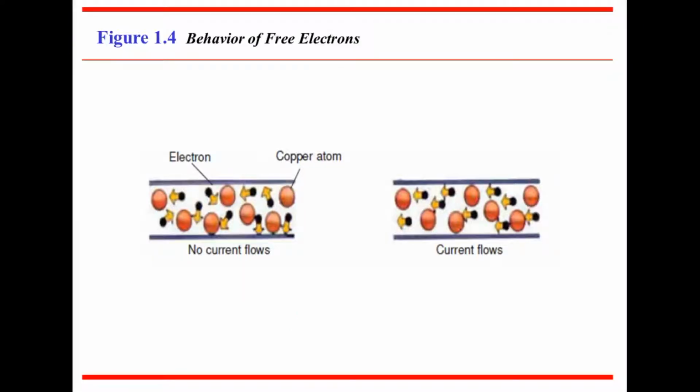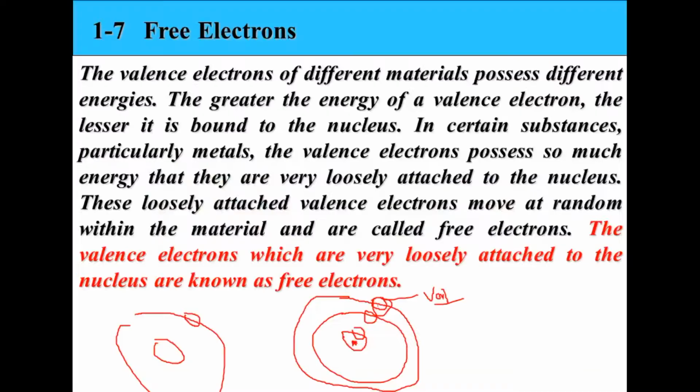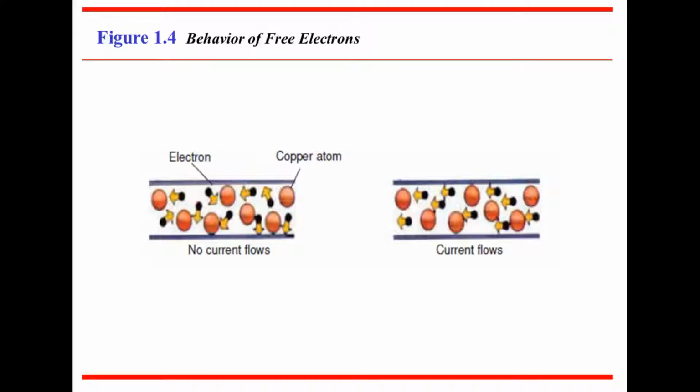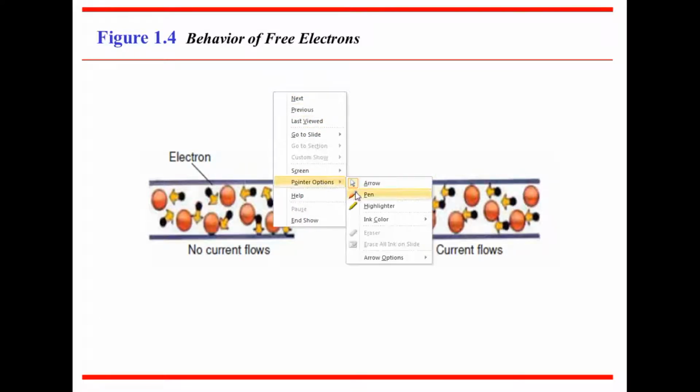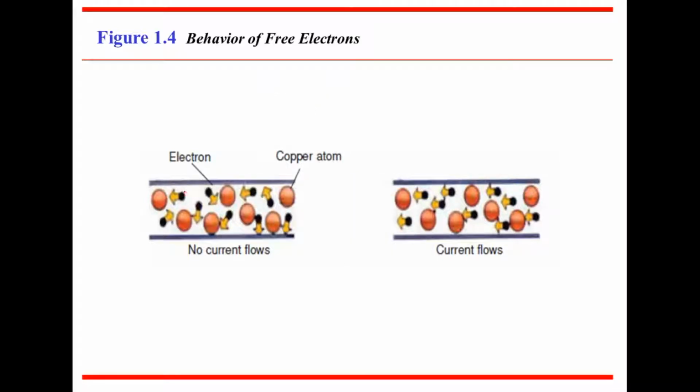Now, this is what I'm saying. If you look at this behavior of free electrons, we said free electrons are electrons that are loosely attached or far away from the nucleus. When there is no current flow, you see all these electrons moving at random within the atom.